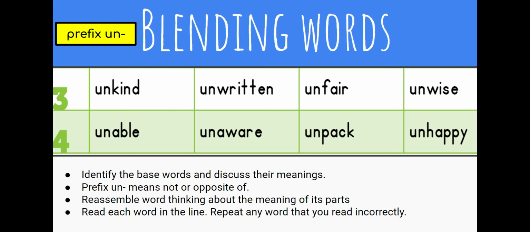They are not kind if they are unkind. So something that was written was somebody by hand took some sort of writing utensil and wrote it down. Now if something is unwritten, you got it. It's the opposite of written.